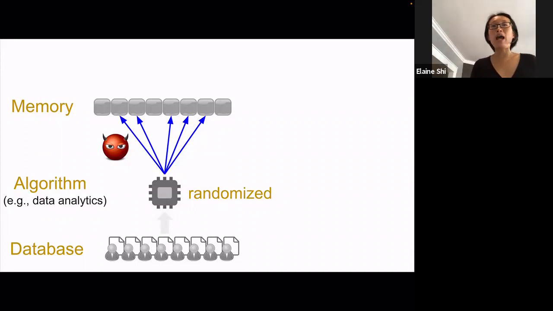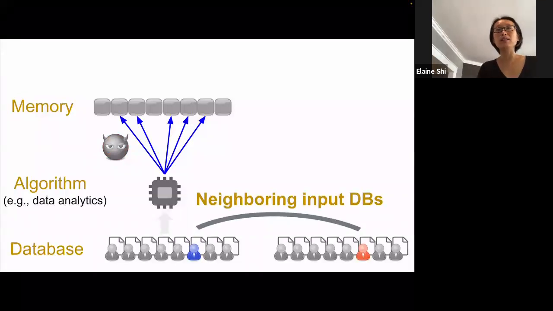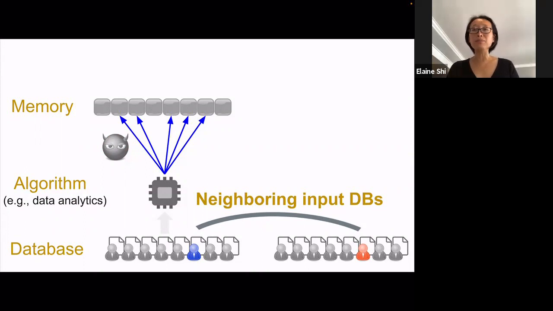And the sequence of addresses visited is called the access patterns, right? So here, remember, we are assuming the data is encrypted. So the only thing the adversary is observing is the access patterns. Now consider a neighboring database. Essentially, I'm changing only one entry in the database from the blue one to the red one, and every other entry remains the same.